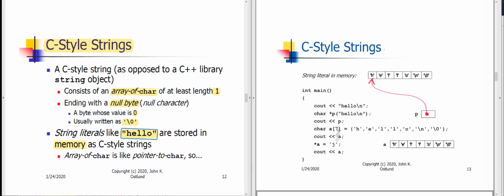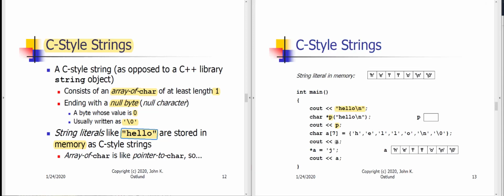So when I display A here, remember that the name of an array is the address of the initial element within the array. So in this case, little a is the address of the H, and this also displays hello. Now it's displaying this copy of hello rather than this copy of hello up there.